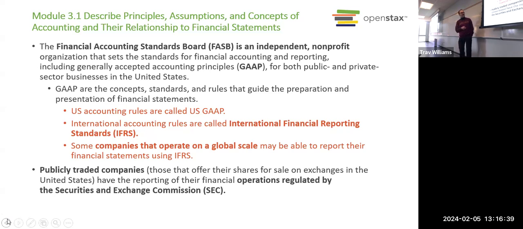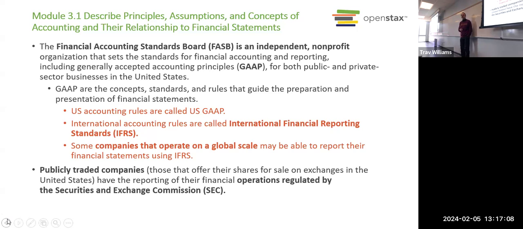Okay? The FASB. If your company does a lot of international business, you might choose to not follow GAAP, but instead to follow the International Financial Reporting Standards, or IFRS. We do not really get into IFRS in this class. We are focused on GAAP because that's what most American companies use.